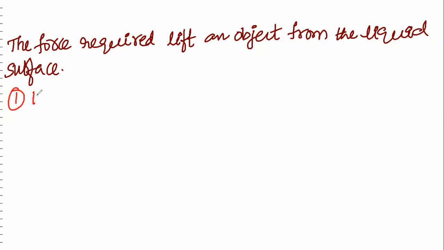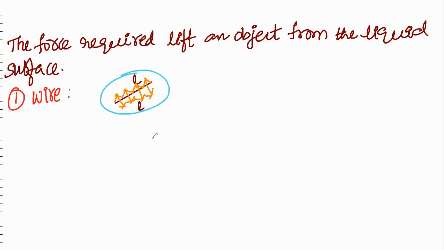Suppose a wire of length L is there. If you want to lift that wire, take this imaginary line. Free surface will be there on both sides. That's why we have to take 2 lengths, L and L.